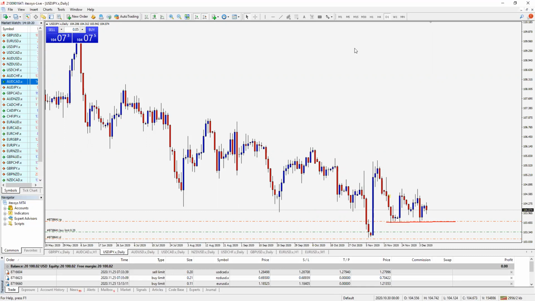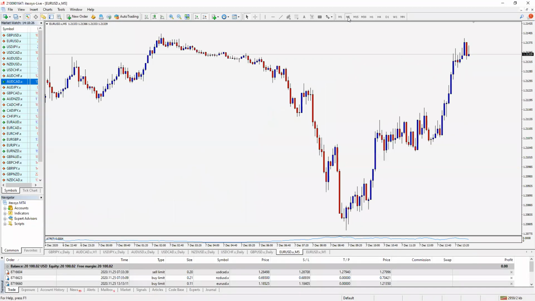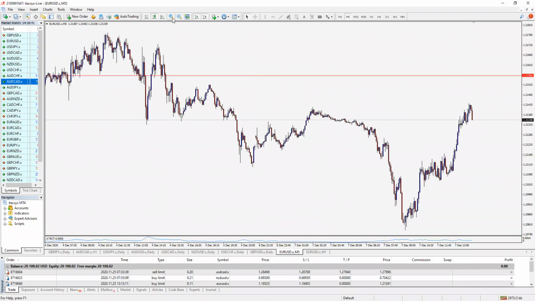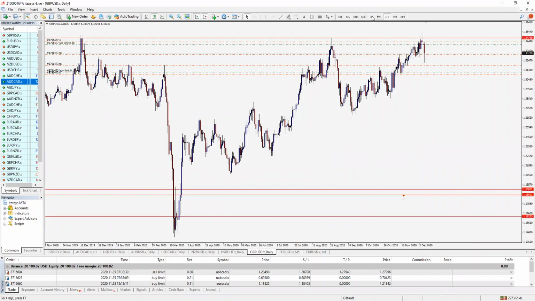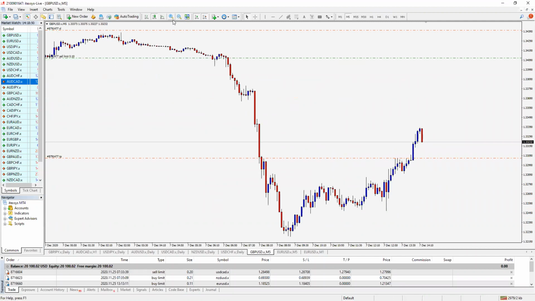Let's see if we can find some setups. If I'm in front of the charts and I have time to actively manage the trades, I might go to the 5-minute chart or even the 1-minute chart and look closer at what's going on. We have on the 5-minute chart on the pound dollar, there should be some reaction to that area, which is what we're seeing right now.